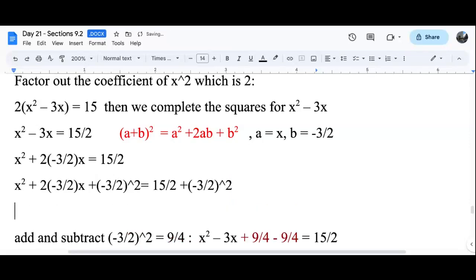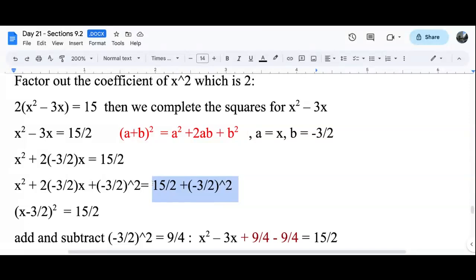Right? Then what do we get? We get x minus, well, what's b? Negative 3 over 2, right? Negative 3 over 2 squared. So the left-hand side becomes a minus b squared, or a plus a negative number squared.